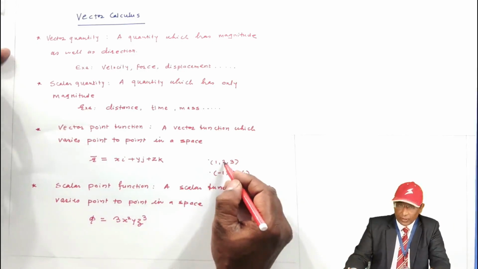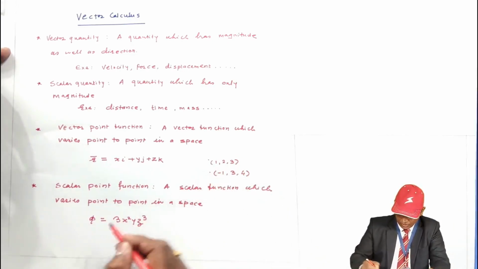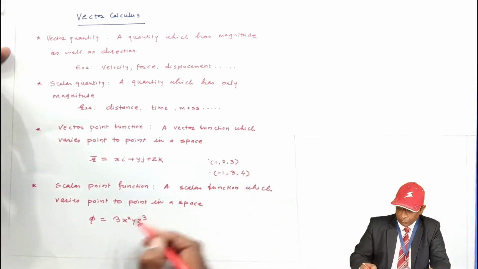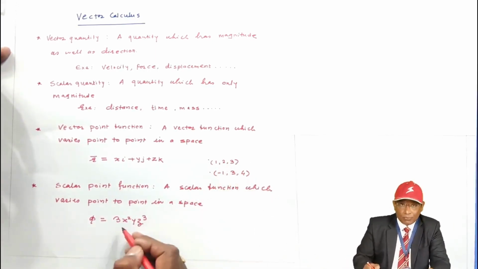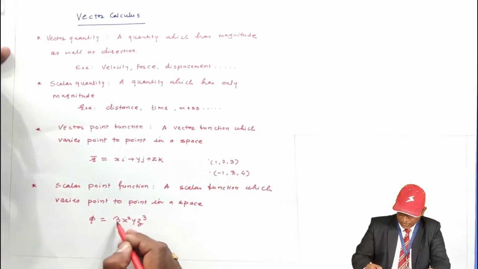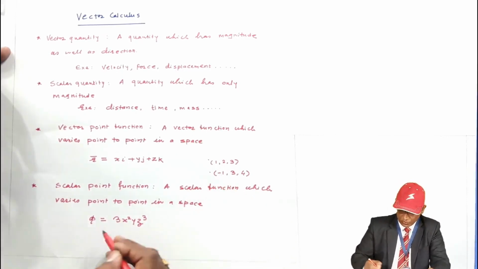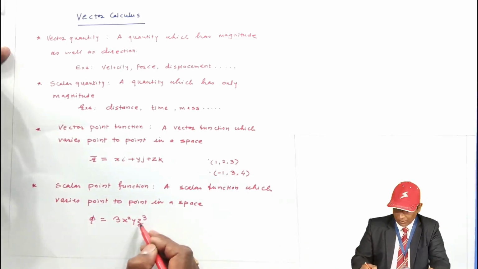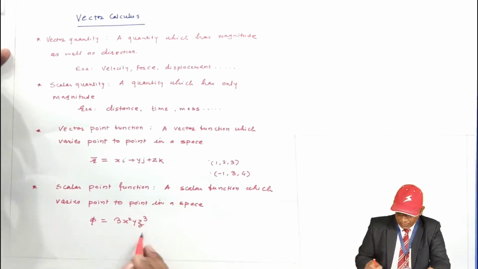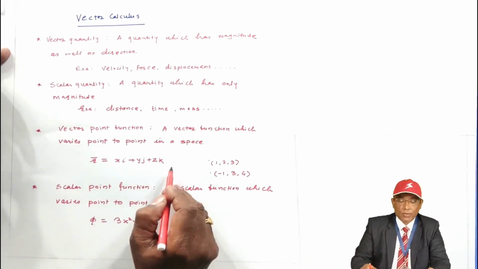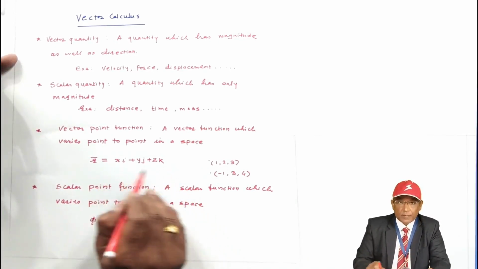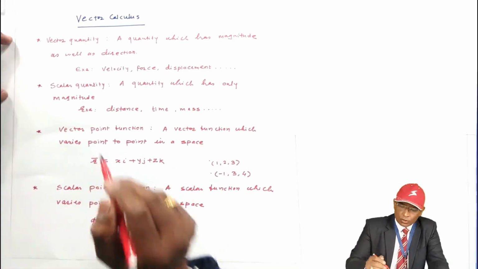At this point, the value of phi will be 3 multiplied by 1 squared, multiplied by 2, multiplied by 3 cubed. The value of phi at this other point is 3 multiplied by (minus 1) squared, multiplied by 3, multiplied by 4 cubed. This is a scalar point function, and this is a vector point function. Just keep in your mind, whenever i, j, k are present, it is a vector function.